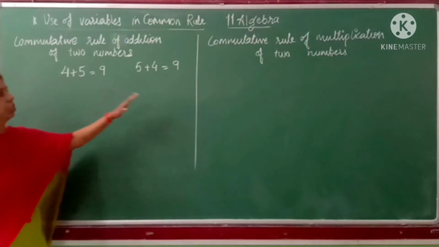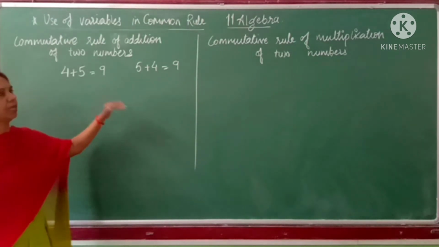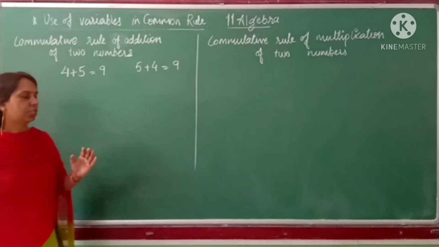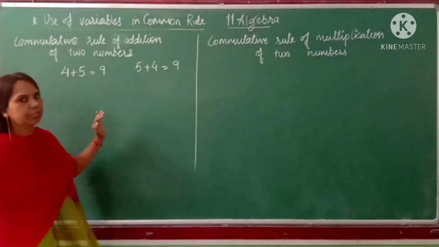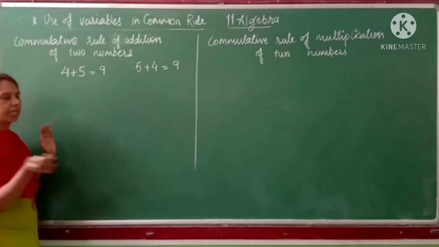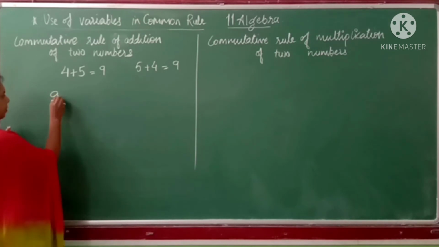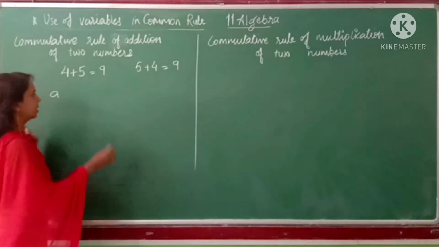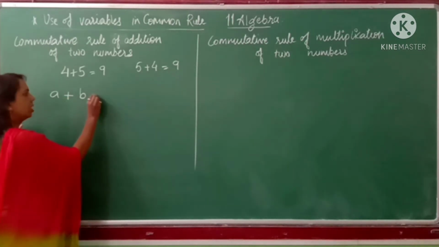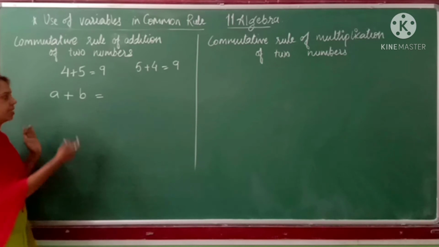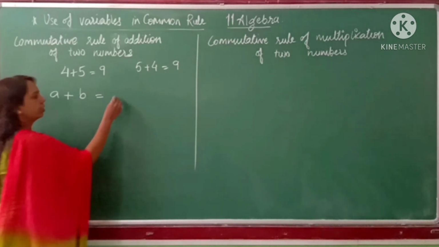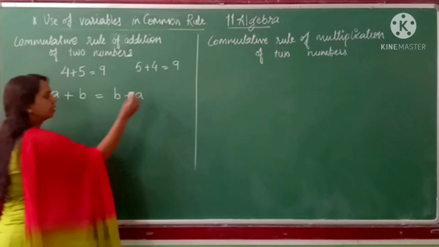Okay. So from this you can say that when you interchange the numbers, the sum of both the numbers does not change. So using this commuting thing, we can say that if we take one number as a variable A and the second number as the variable B and it's the addition, we can write A plus B is equal to B plus A. If we interchange, the addition remains the same.